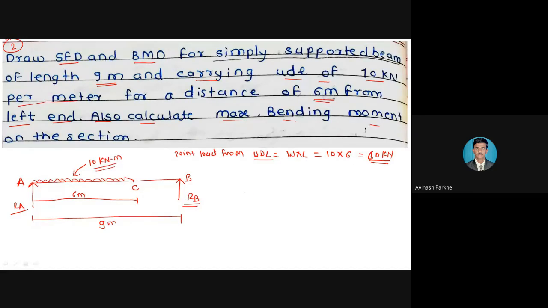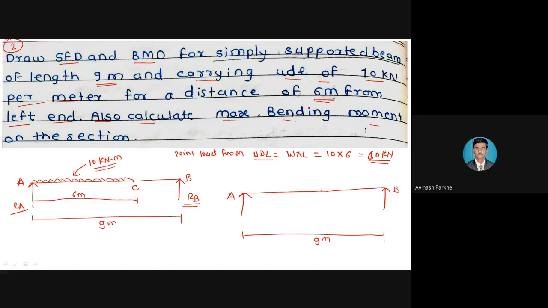Now that 60 kilonewton load is applied at the center of that particular 6 meter. For example, this is point A once again, this is point B once again, this is the total length of the beam, 9 meter.